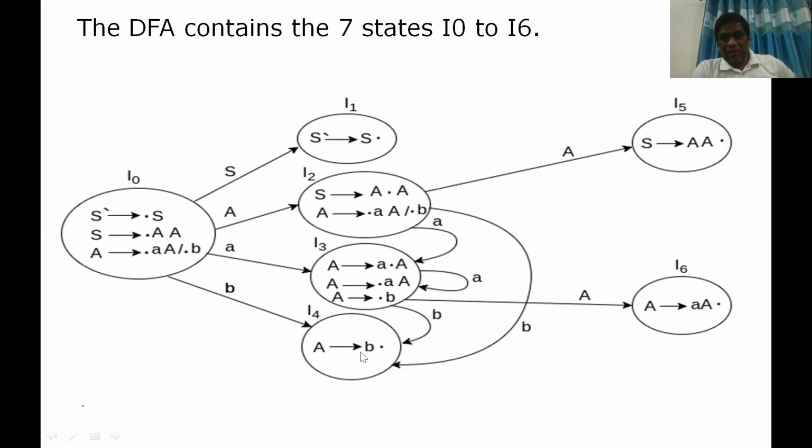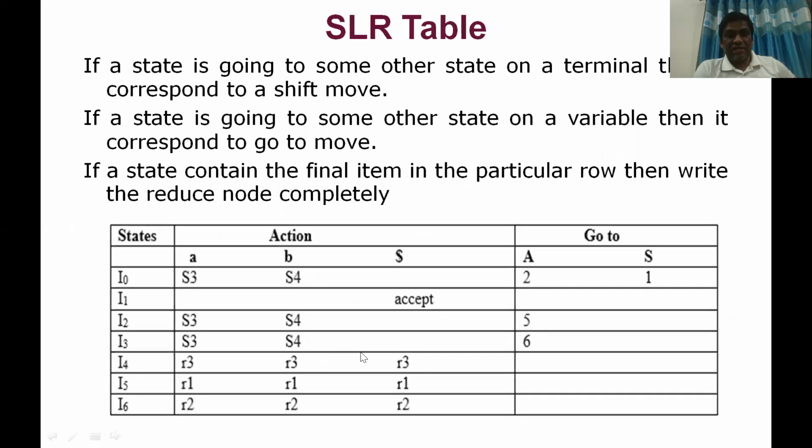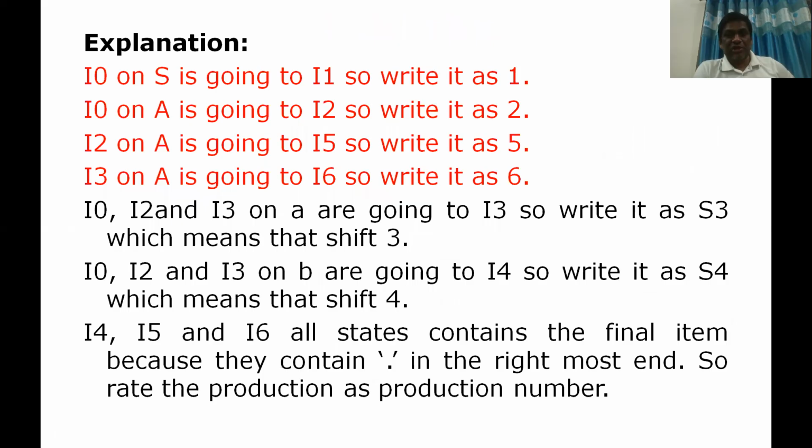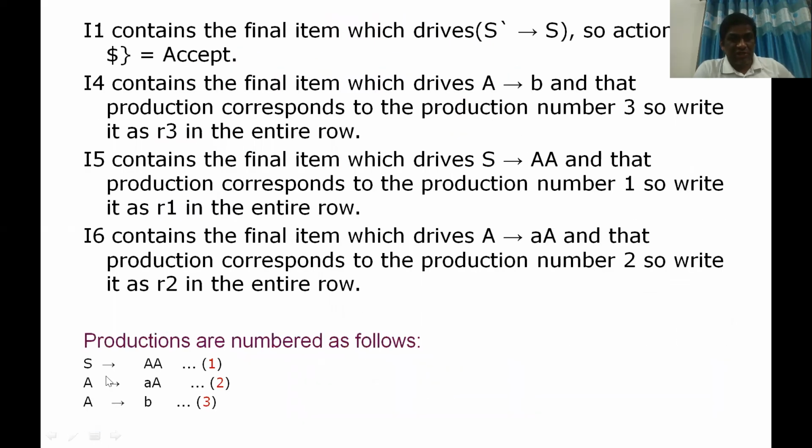So let us number the productions. We have, in the original grammar, three productions. What are the three productions? Capital S implies capital A, capital A. Capital A implies small a, capital A. Capital A implies B. So number these productions in the same order. This is 1, this is 2, and this is 3. So capital A implies B is the third production.